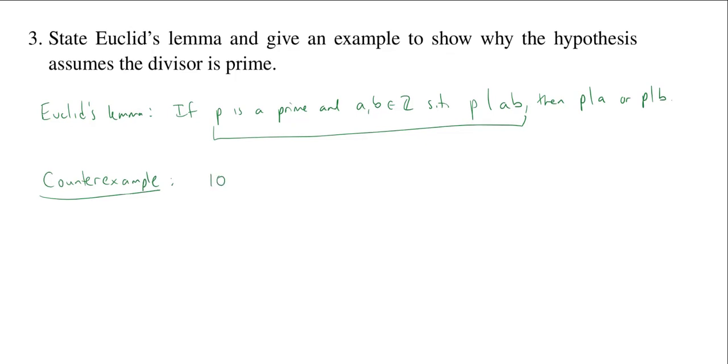Now, can I think of a number that 10 divides where it's not going to divide either one of them individually? Now, 10 is equal to 2 times 5. So what I need to do is come up with a number here and a number here where one of them has a 2 as a factor and the other has a 5, but the first one doesn't have a 5 and the second one doesn't have a 2, because then 10 can't divide either one of them.